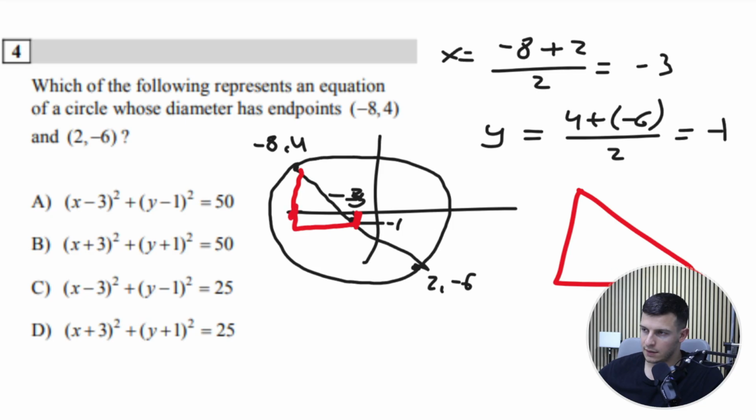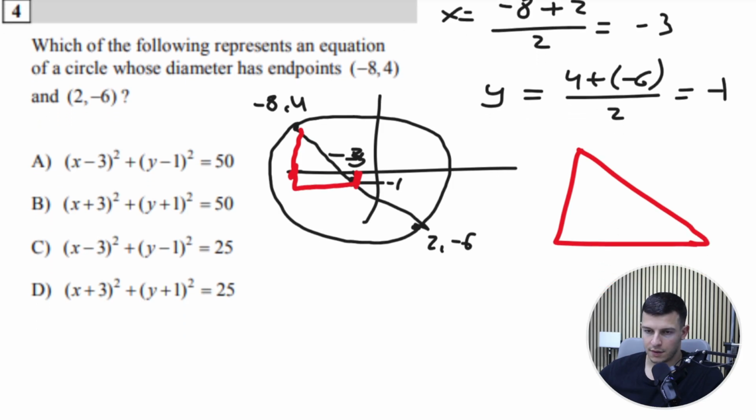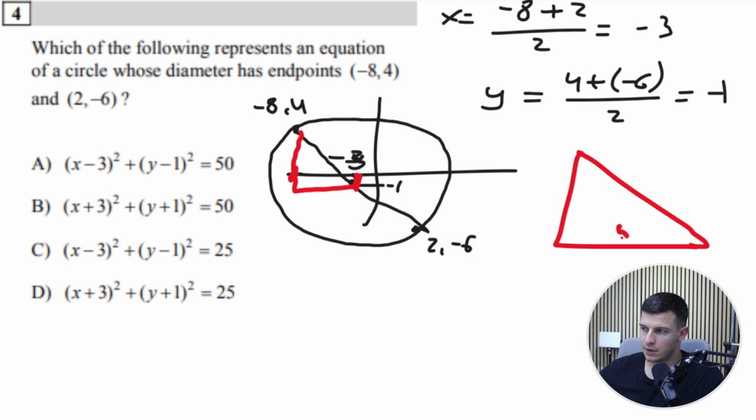So the distance is equal to how much? Let me move that up a little. The distance is 5, from negative 3 to negative 8. What about the top? 1 is here, and there's 4 here. This means this one is 5. So 5, 5. The hypotenuse is going to be 5 square root of 2, which means my radius is 5 square root of 2.